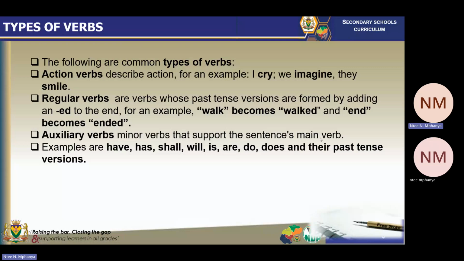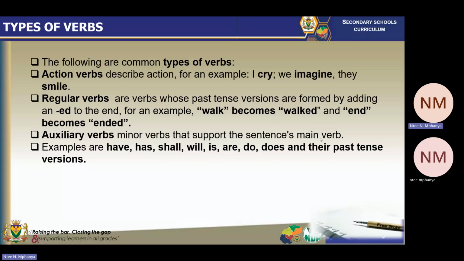Unlike concrete nouns, which can be seen and touched, abstract nouns cannot be touched. For example, cold. You cannot touch it, but you can feel cold. We have compound nouns. It's a noun made out of 2 or 3 words. For example, Free State. It's a name, but it's made out of 2 independent nouns.